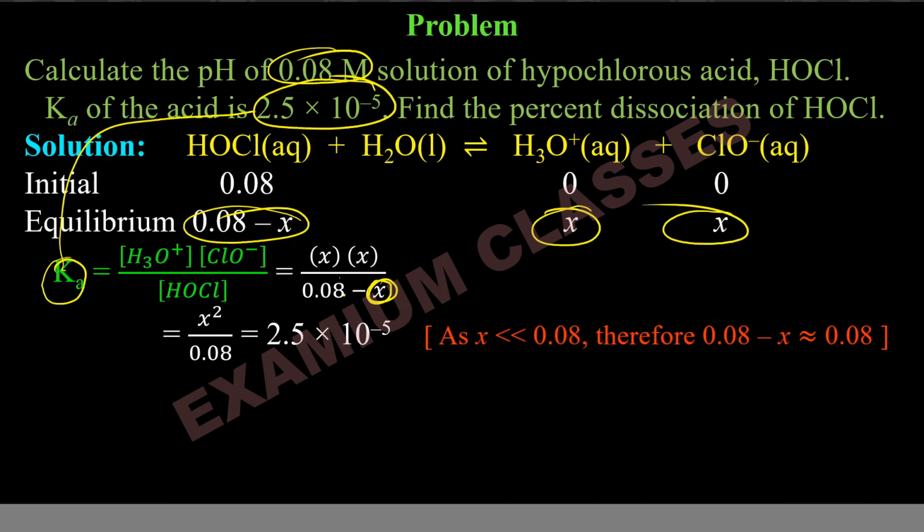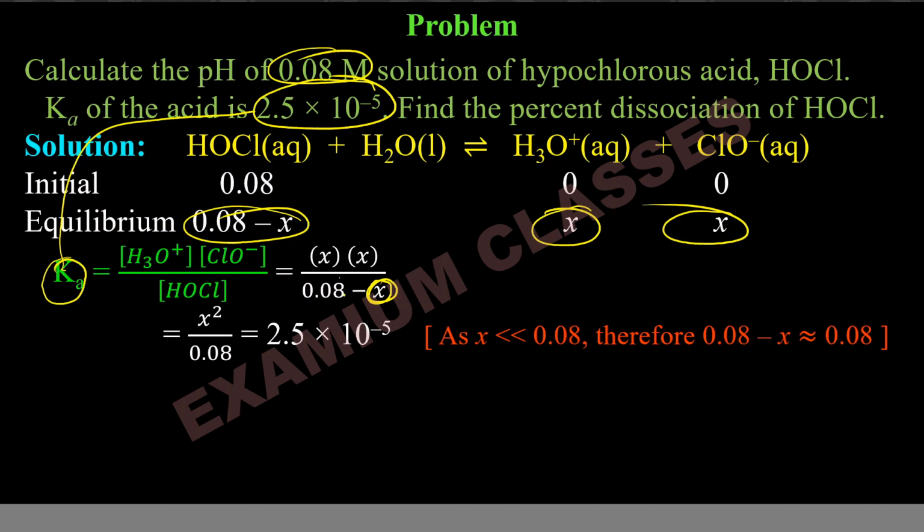In general, if Ka, and in cases of base, when we will be talking about, it will be Kb, is of the order of 10 to the power minus 5 or less, then C minus C alpha, that is C(1 minus alpha). Remember, this is C minus C alpha.